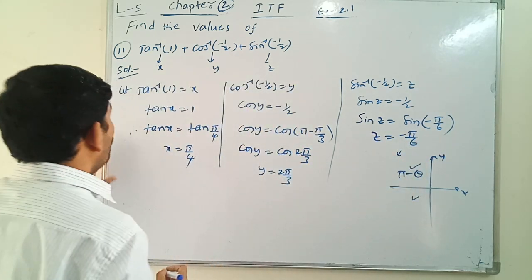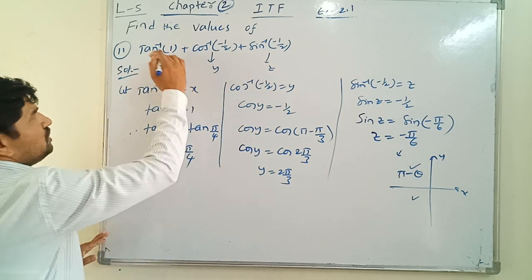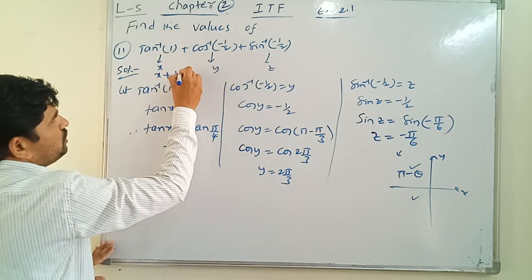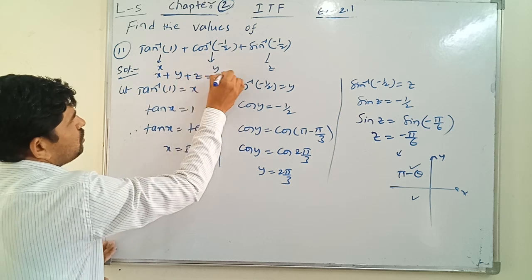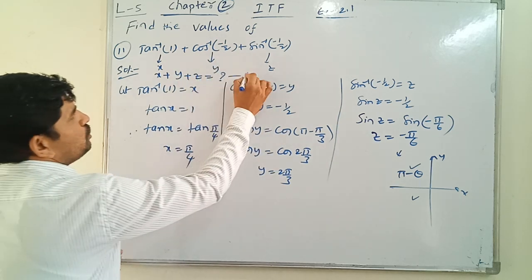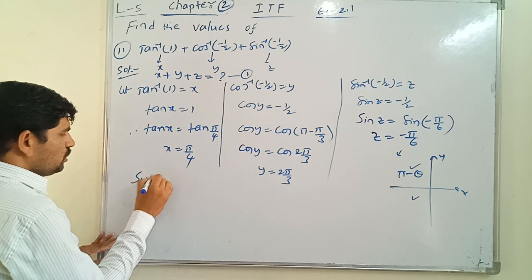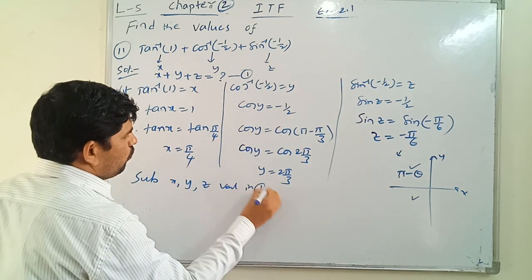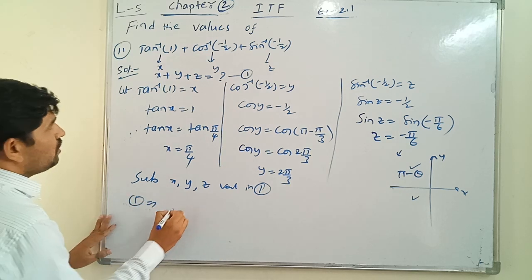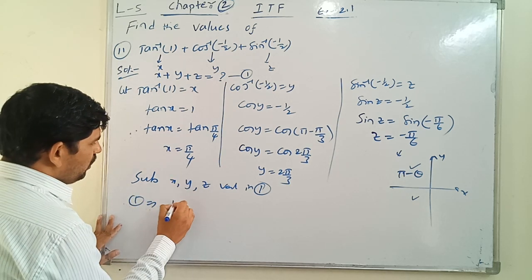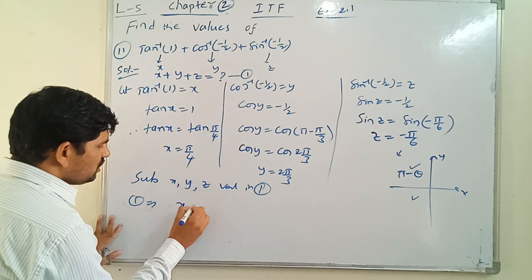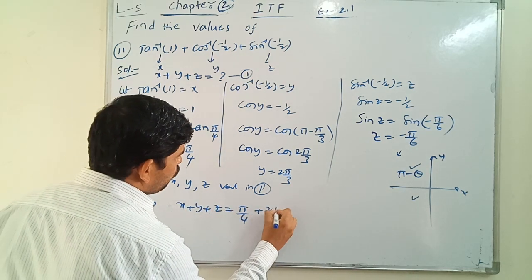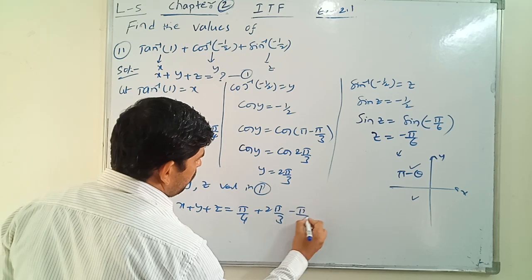Now see here, first we have to write this in the solution. So actually it is x plus y plus z is equal to, write a question mark and call it equation number 1. Substitute x, y, z values in equation number 1. So x is pi by 4, y is 2 pi by 3 and z is minus pi by 6.